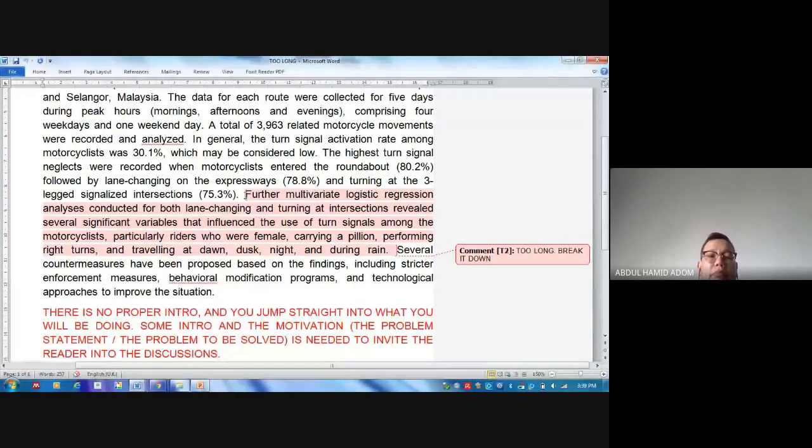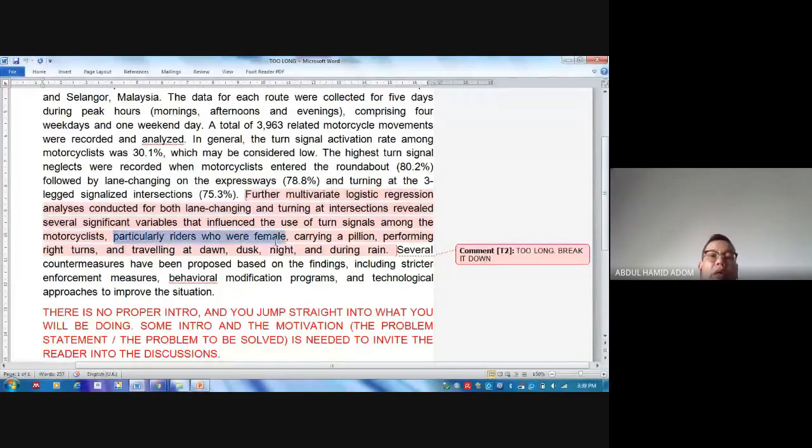For example, the first one, you talk about this. Then you can say what are those? Then you can choose some of the variables that influence the use of the signal among others.